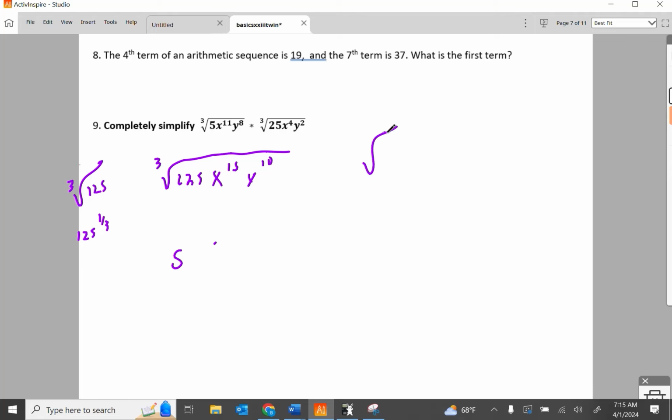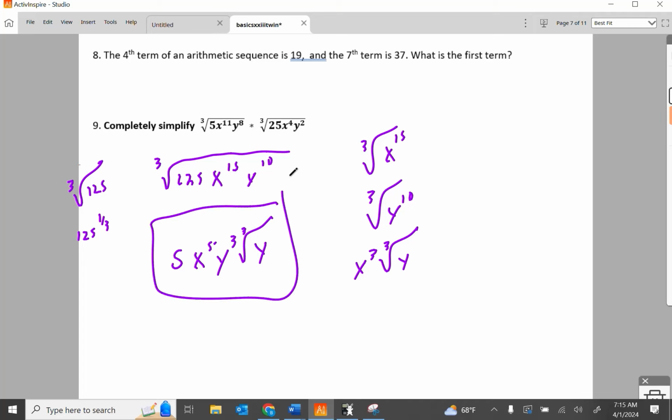And start thinking about your individual variables. 3 enters 15, 5 times, x to the 5th. We still have the cubic root of y to the 10th. 3 enters 10 3 times, but there was a remainder of 1. So y cubed, cubic root of y. Easy peasy, Japanesey.